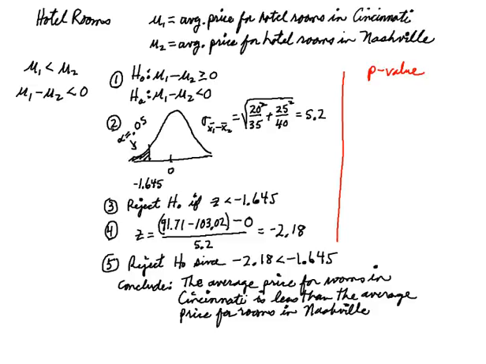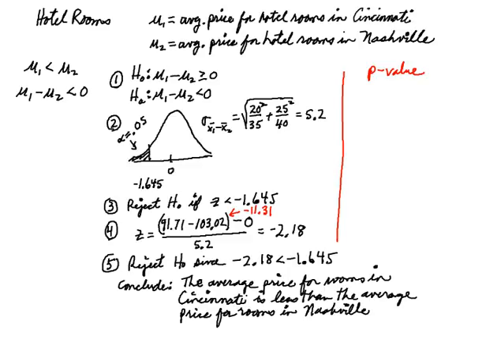You remember that whether you use the critical value test statistic approach, which we just did, or whether you run the test using a p-value, both of these different ways will draw the same conclusion. Now, to calculate this p-value, I'm going to look at the test statistic, the negative 2.18, and that is the z-value for the difference in the sample averages. Remember that difference there is a negative 11.31.